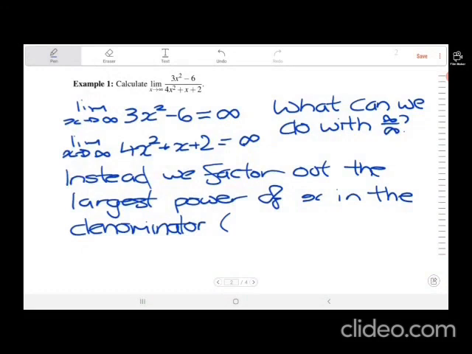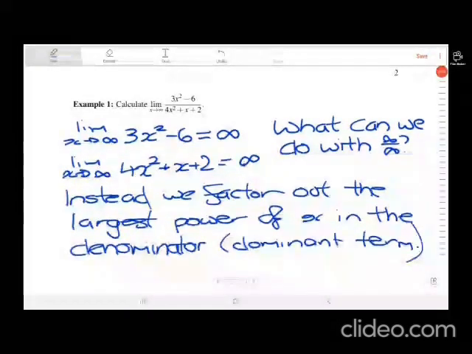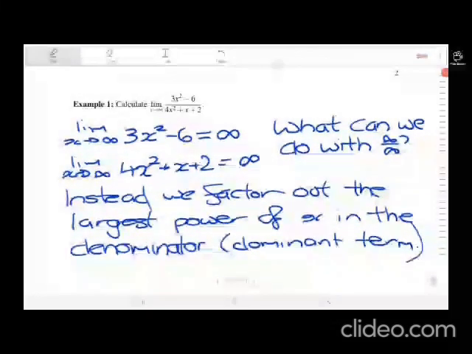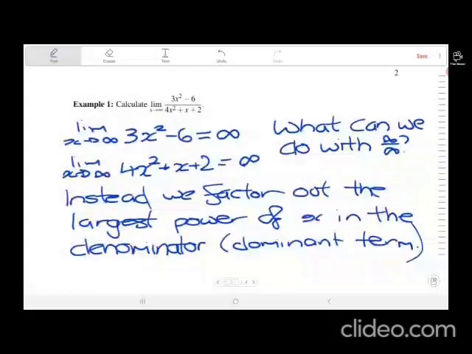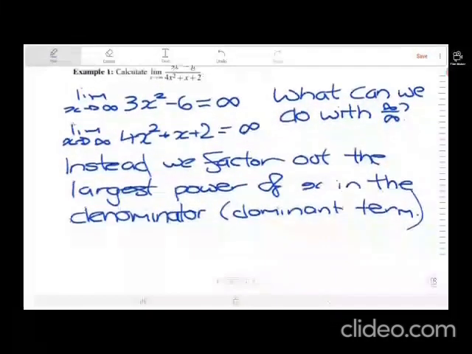And that is the dominant term that I referred to in the learning objective. So in this case, the largest power of x in the denominator is x squared. So we're going to factor out the x squared term in both the numerator and the denominator.